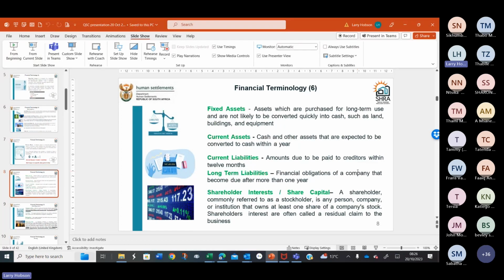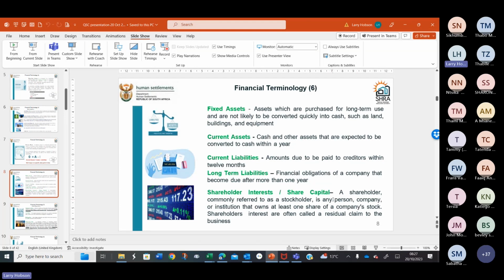Then you've got finally the shareholders' interests, which is share capital plus reserves. Shareholders are called stockholders in America, but that's the sum total which has been contributed by your equity shareholders and the reserves which have been retained in the company.